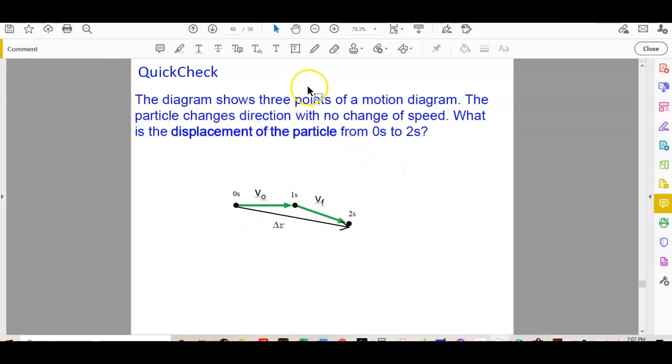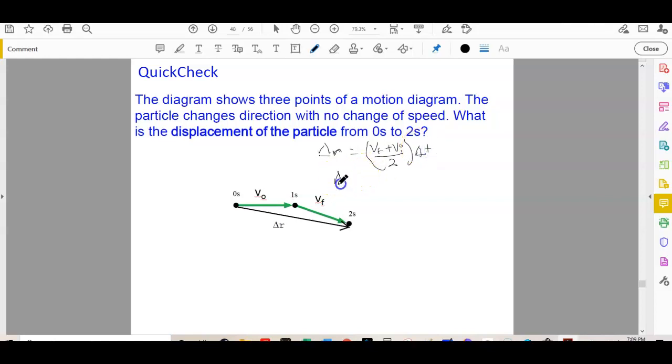And so what you could say is this. When you think about it, we had an equation of motion that was delta r, the displacement vector, is equal to v final plus v initial divided by 2, which is the average velocity vector, times delta t.